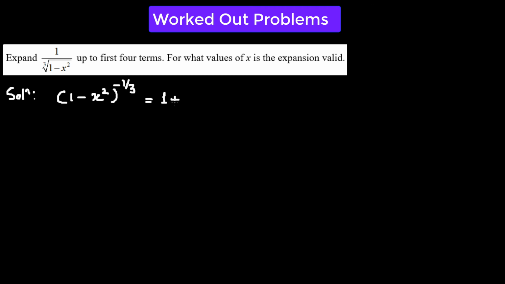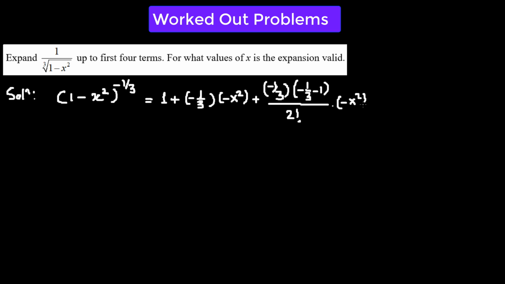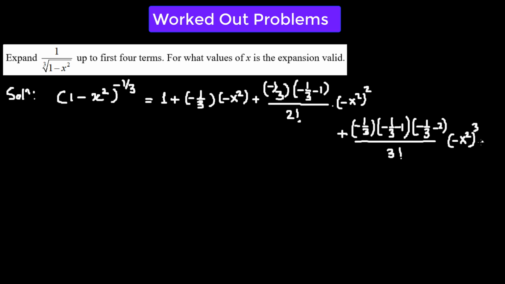So we have 1 plus negative 1/3 times negative x squared, plus negative 1/3 times negative 1/3 minus 1 divided by 2 factorial times negative x squared whole squared, plus negative 1/3 times negative 1/3 minus 1 times negative 1/3 minus 2 divided by 3 factorial times negative x squared raised to the power of 3, and the remaining terms.